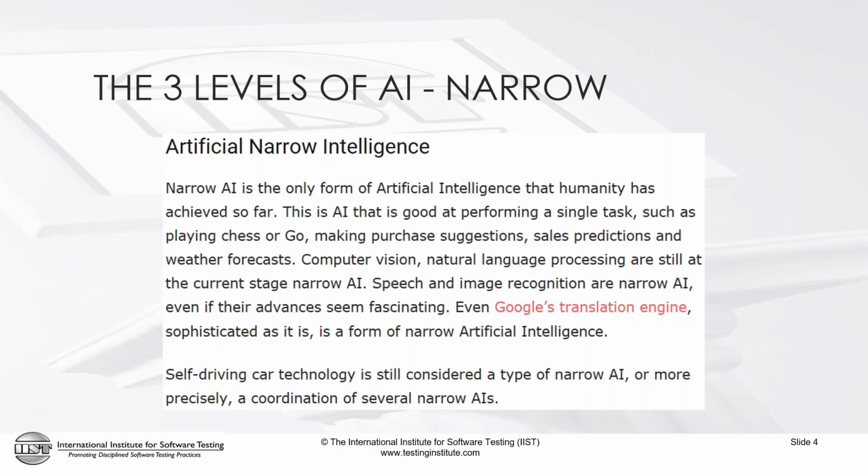Narrow AI is the ability for the computer to do a very simple thing or a single thing, like playing chess or avoiding an obstacle or other things of that nature. Google's translation engine, for example, is a form of narrow artificial intelligence. Image recognition is narrow intelligence.